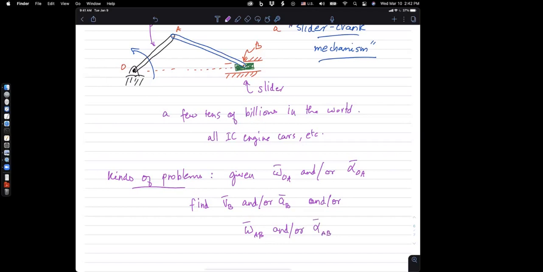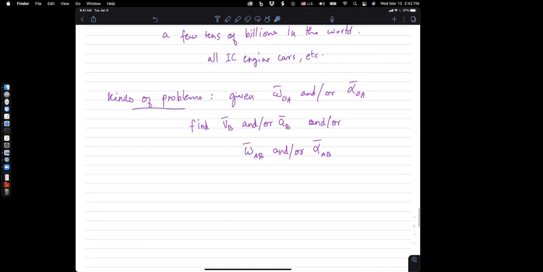That's the kind of problem that you might see. We will give you some of these quantities and ask about others of them. QTY stands for quantities.